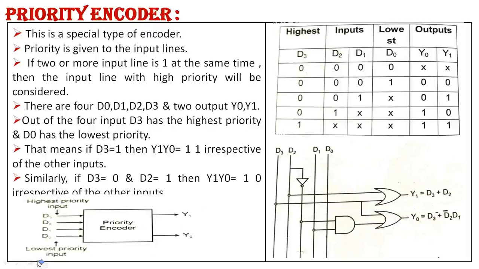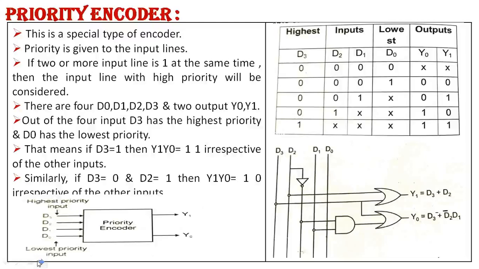Out of the 4 inputs, D3 has the highest priority and D0 has the lowest priority. This means if D3 is 1, Y1 and Y0 are 1 irrespective of other inputs. Similarly, if D3 is equal to 0 and D2 is equal to 1, then Y1 and Y0 are 1 and 0 irrespective of the other inputs. The following diagram shows the block diagram of the priority encoder.